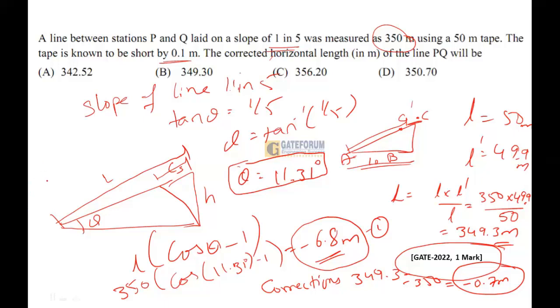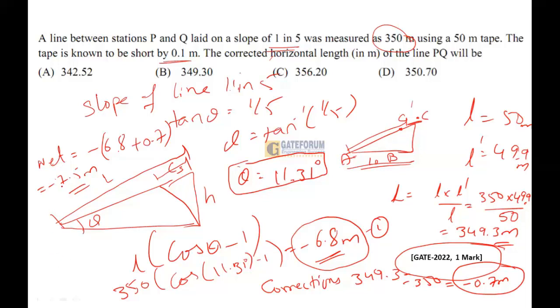Now, if you want to find the true length, you should apply the net correction. The net correction is minus 6.8 and minus 0.7, so my net correction is minus 7.5 meters. My measured length is 350, so 350 minus 7.5, that is 342.5 meters.